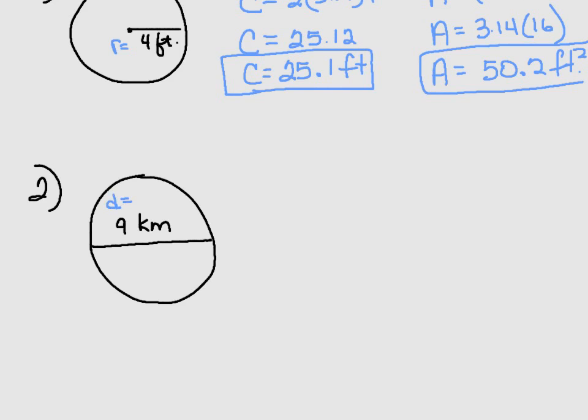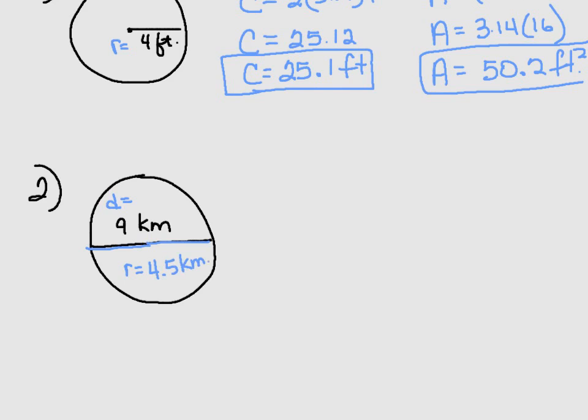The diameter is 9 kilometers from one point through the center to the other point across the circle. We will need the radius of this circle in order to find the area. So let's take that diameter and divide it by 2 so that we have our radius, which we will need.